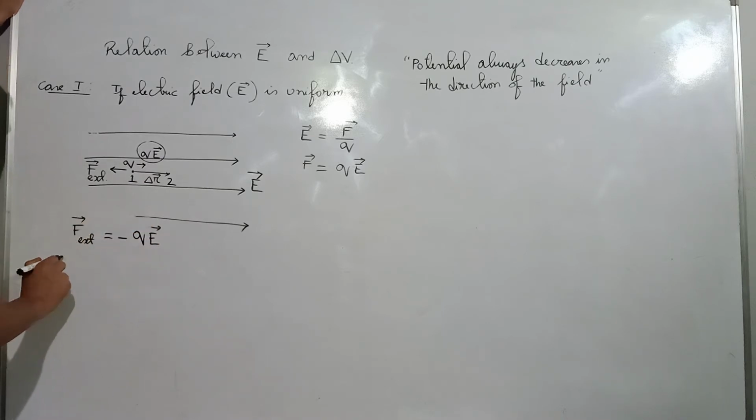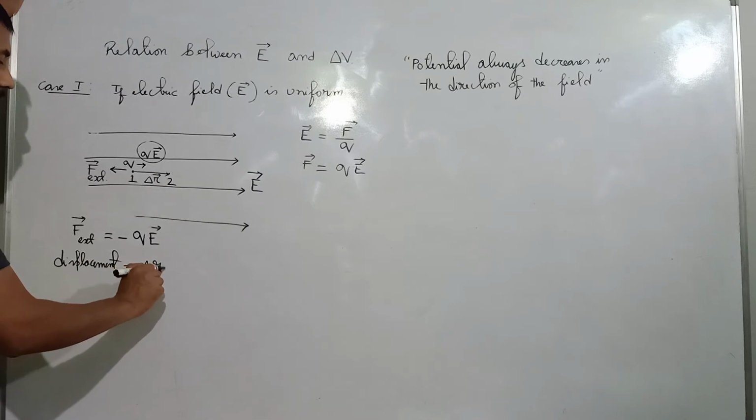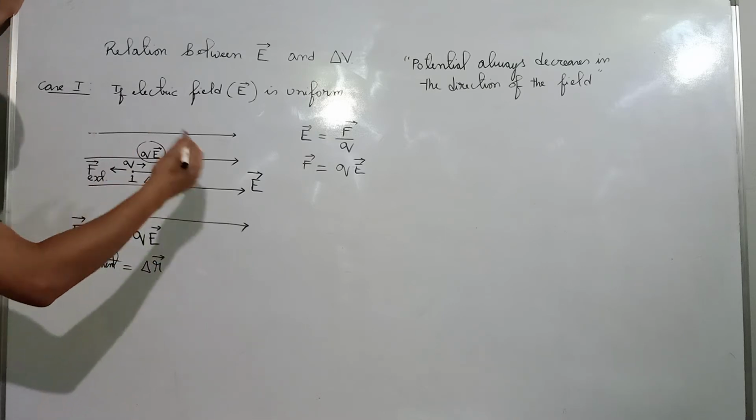And what is the displacement made here? Delta R is the displacement from 1 to 2, right?